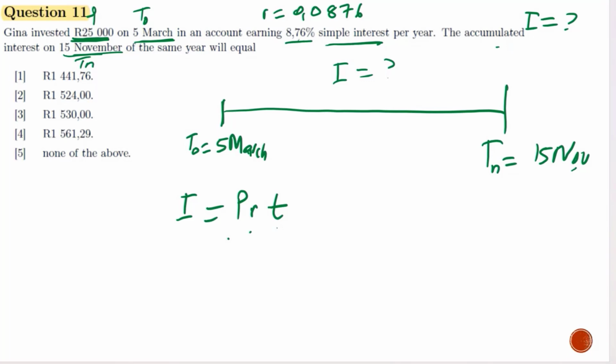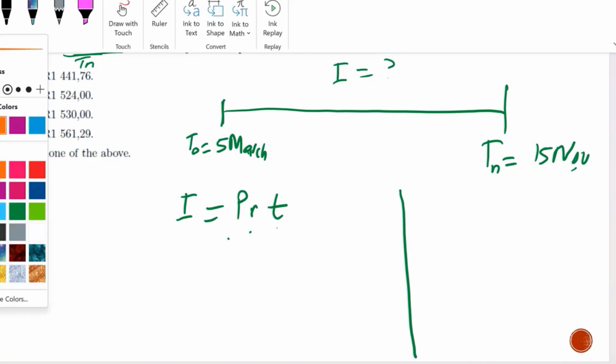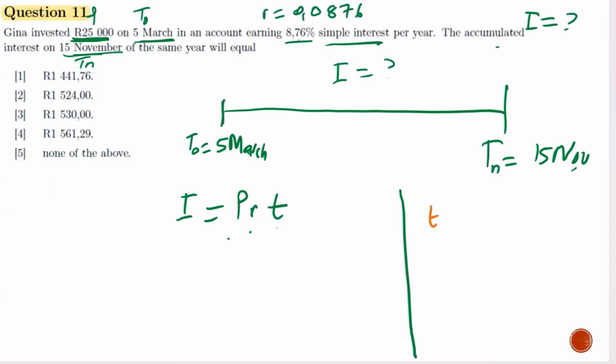So now you need to calculate your T. Your T is going to be equal to TN minus T0.